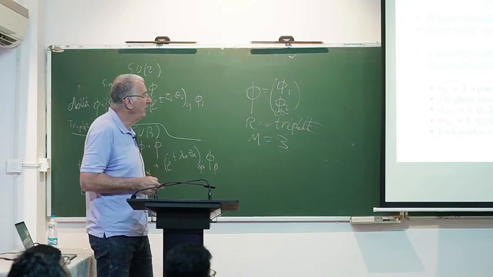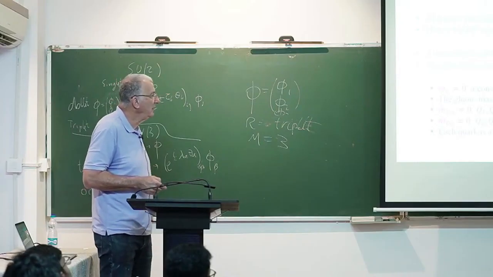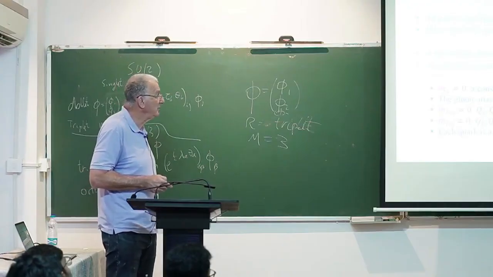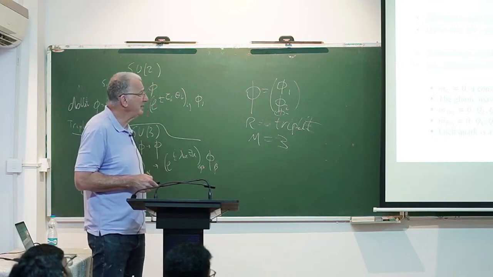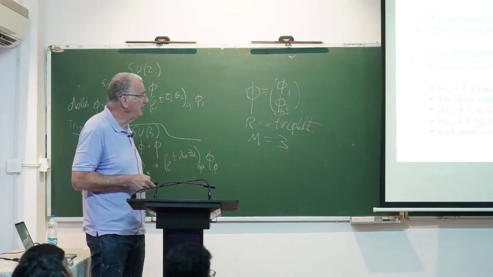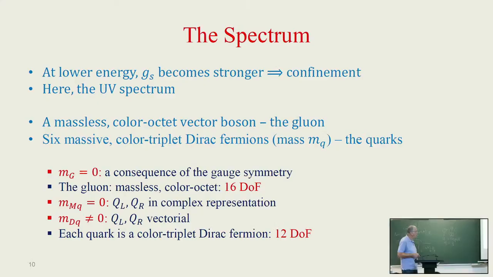The masslessness of the gluon is because of the gauge symmetry. You cannot write a mass squared term that is invariant under a local SU3. And the Majorana masses are 0 because they are in a complex representation of SU3, the triplet. And the Dirac mass is not 0 because it's a vectorial theory. I can match the quarks to pairs of left and right that transform in the same way.